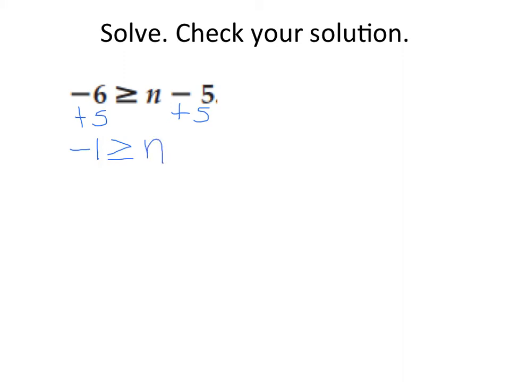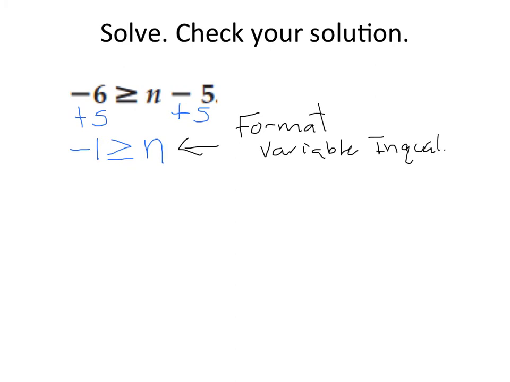Before I commit to this answer, I need to rewrite it in the correct format. The format is I want the variable first, then my inequality, and then my answer.